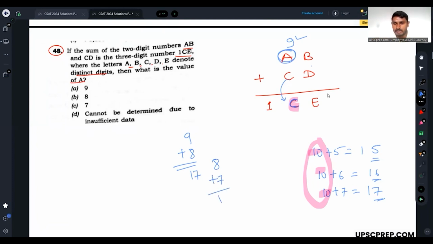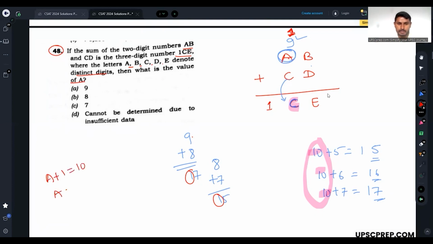These are again the two maximum digits. So what will be the sum here? It will be 15. So the maximum carry over we can have is 1. So if this 1 comes, what should be the value of A for sure? A should be 9, because A plus 1 should be 10.